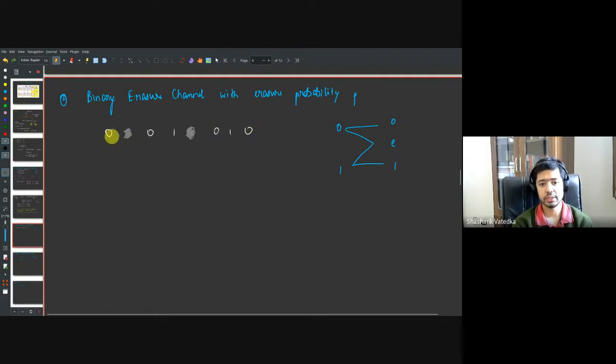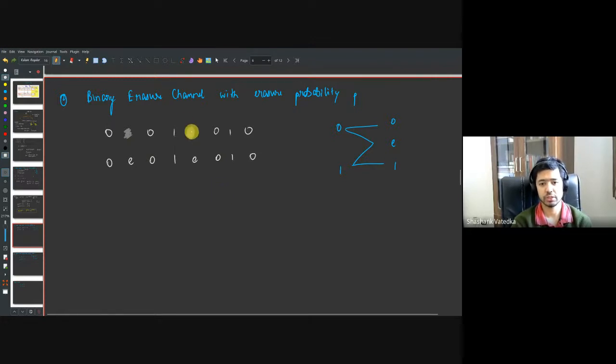At the output, you don't see n bits. You see some bits, and some of these locations are erased. We call these symbols an erasure. The input was a sequence of bits. The output is a sequence of symbols 0, 1, and E. So E represents that this particular location is erased, and the bit is left as it is otherwise.